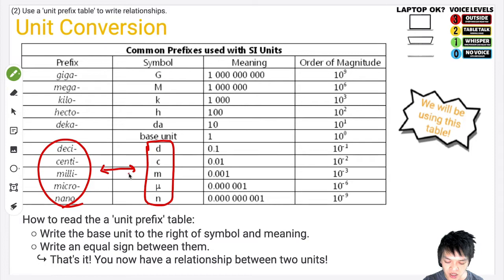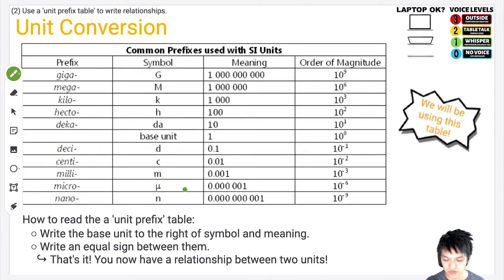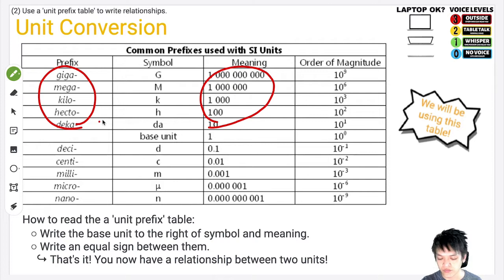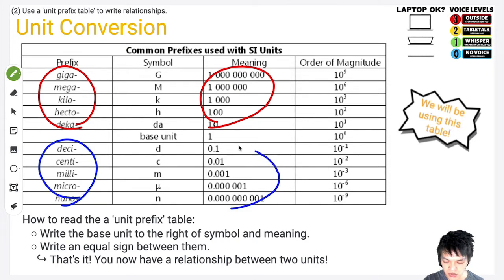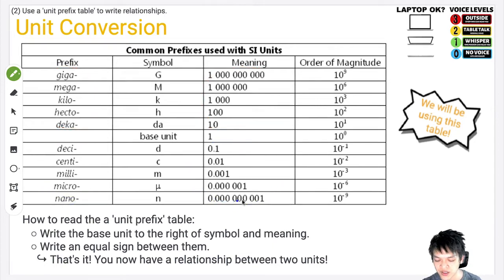This interesting one right here, it looks like a U with a tail in the front. This one's micro. And then try to just be familiar: all the ones up here make things bigger, and all the ones down here make things smaller. And if you don't have a prefix, then you're just a base unit. Again, base units are grams, liters, and meters.